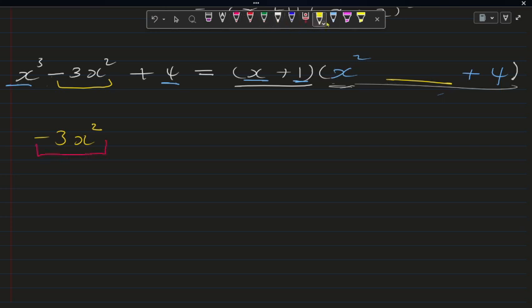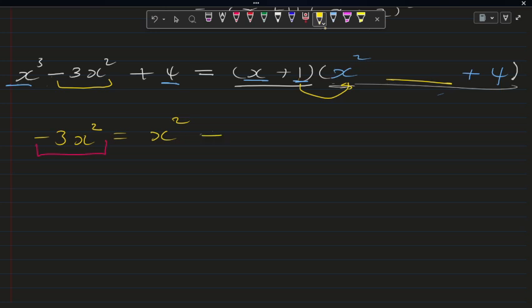So this is what we are working towards, and we have to keep that in mind. We can see that if I take this one times x squared, I get a value of x squared.